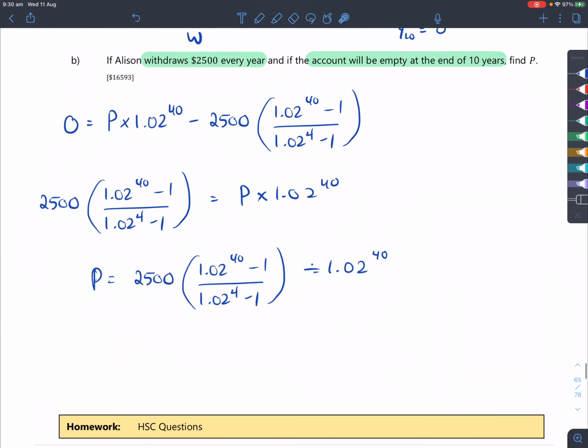All right, so that will get us P equal to 16,592.722... So roughly speaking, the investment amount would have been $16,592 and 72 cents.